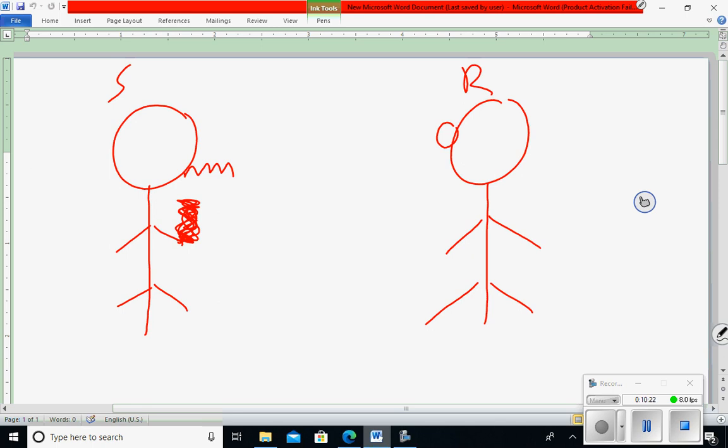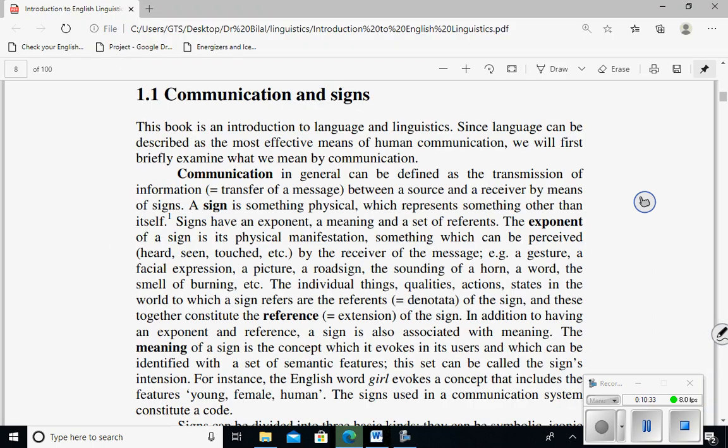It is not only speaking. So you can communicate with others without speaking, in different ways. Now, these signs should be physical, as we said.